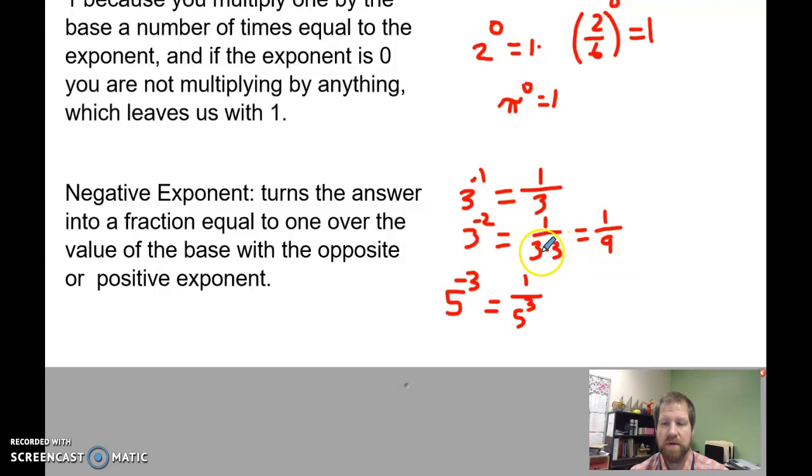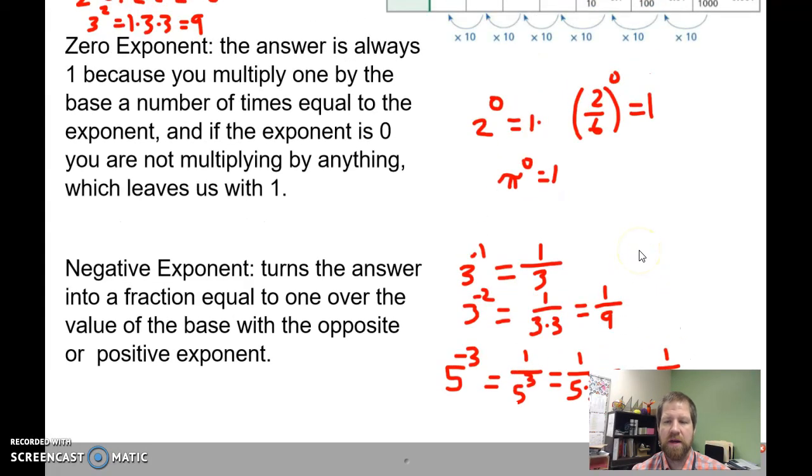It's going to have the same effect. So now, what is this equal to? Well, it's 1 over 5 times 5 times 5, or 1 over 5 times 5 is 25, times 5 is 125.